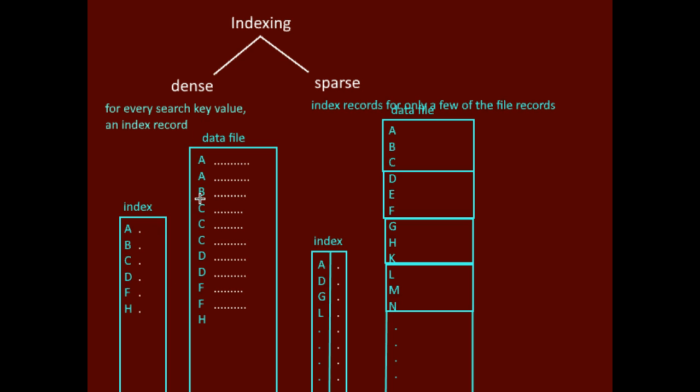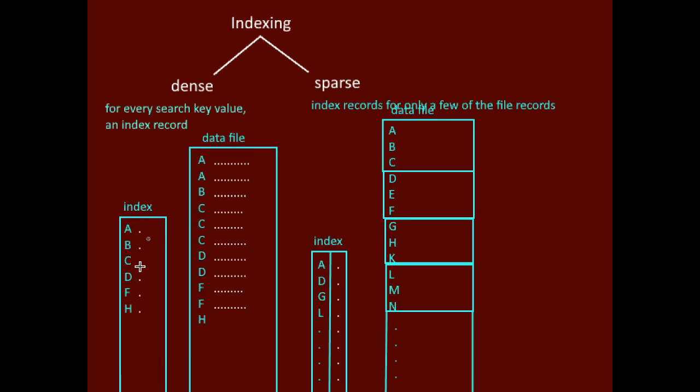And check this example we considered for dense indexing. Here also we can see for every record we are not having an entry in the index. Index is maintained only for some of the records of the data file. For search key A, the block pointer will point to the first entry corresponding to A, and for search key B, it will point to the first record corresponding to B, and for C, it will point to the first record corresponding to C, and so on.